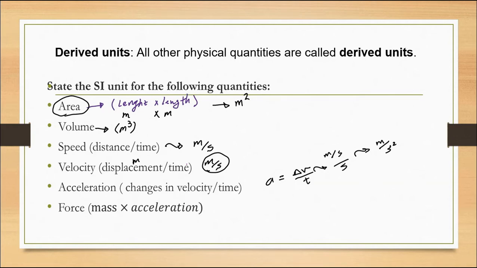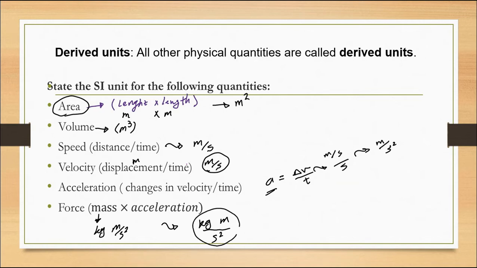Force is mass times acceleration. Mass was a fundamental unit, kilogram. And acceleration, we just got it here, is meter per second squared. So the unit of force is kilogram meter per second squared.